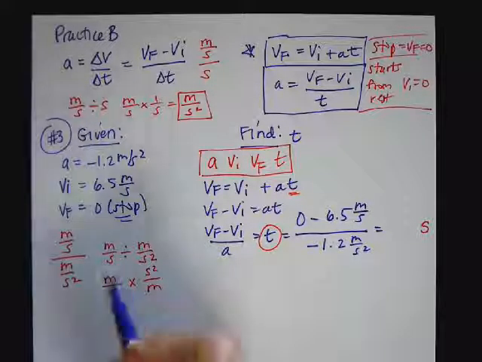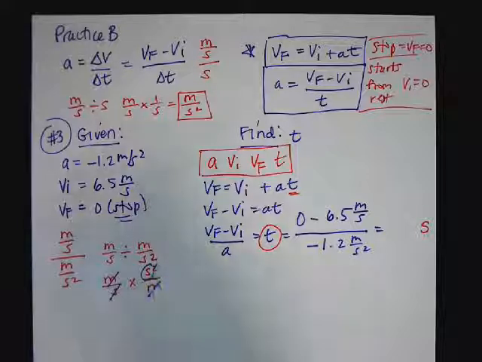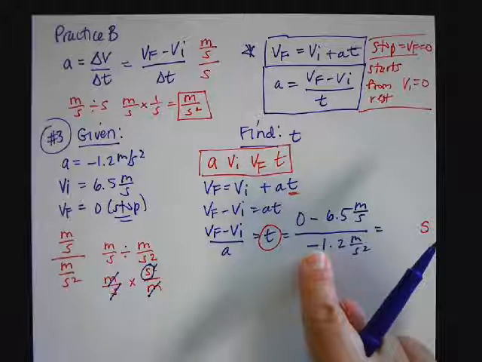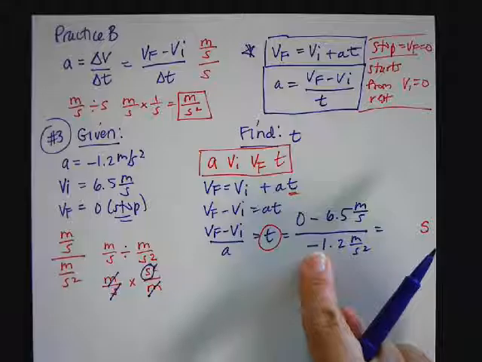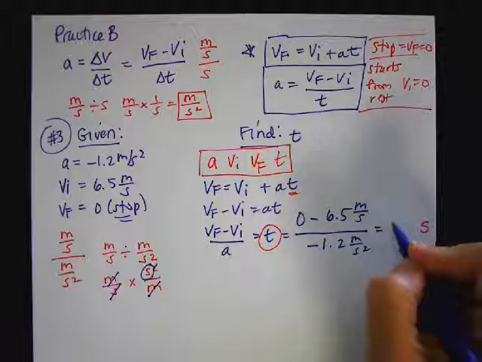This cancels with one of those, and I end up with seconds. Is seconds my correct unit for time? It is. If it weren't, I'd say, oh, I made a mistake. So you have a foolproof way to do it. And then the negative in the numerator cancels with the negative in the denominator, so I end up with a positive value. And then 6.5 divided by 1.2 comes out to be 5.4. So that's my answer.